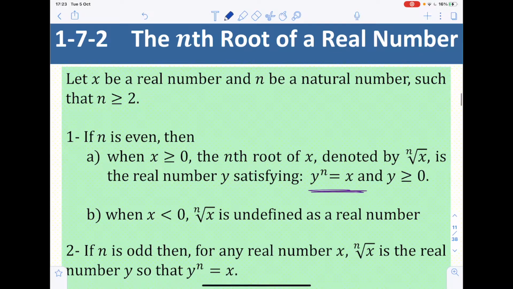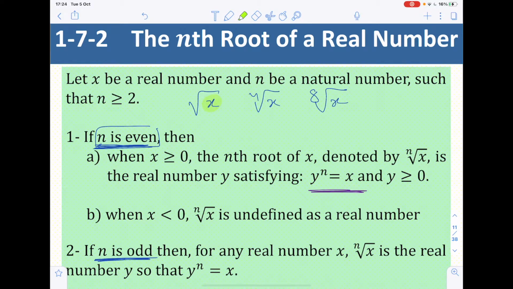Let x be a real number and n be a natural number such that n is greater than or equal to 2. So in this case, we want to see whether n is even or n is odd. In each case, what should we do? If n is even, like for example, the square root of x or the fourth root of x or the eighth root of x and so on, in this case, we're looking under the root.